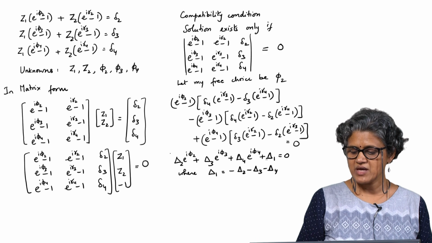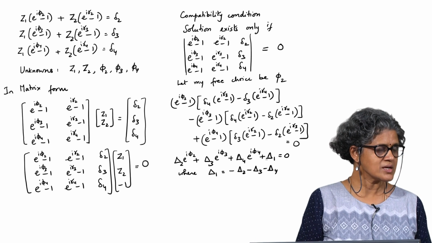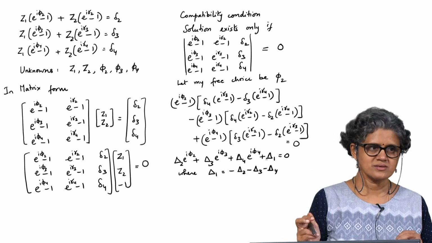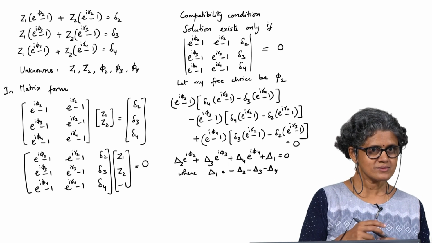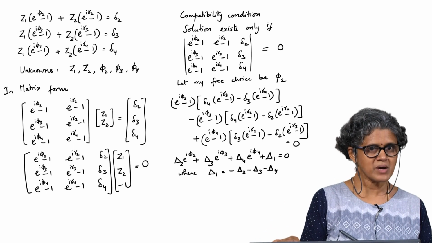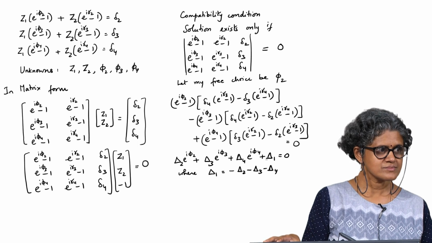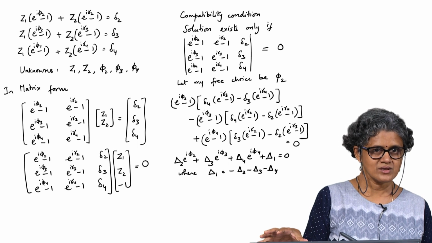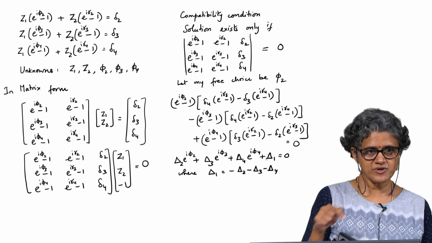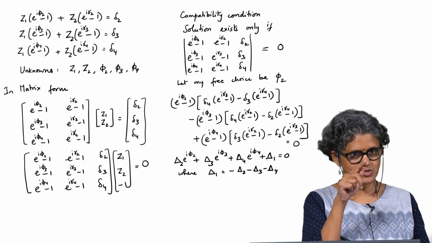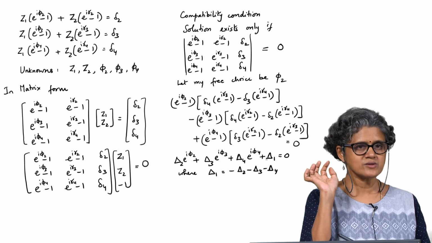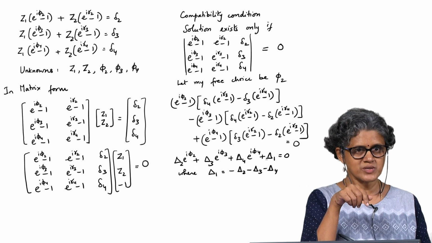Okay. So, if I take phi 2 as my free choice, that becomes the input to this 4 bar. Do you see that? So, in the first position it is delta 1 plus delta 2 plus delta 3 plus delta 4 equal to 0. That is my loop closure equation.